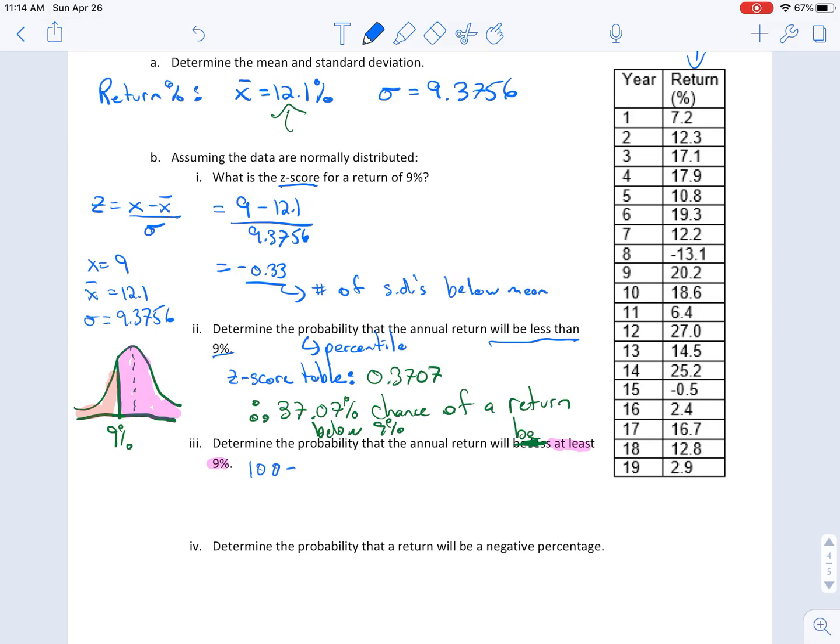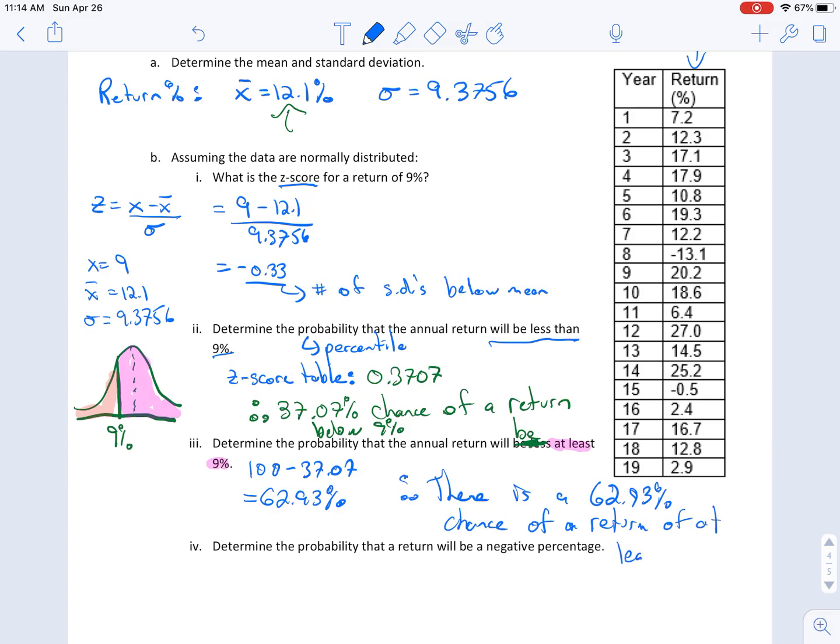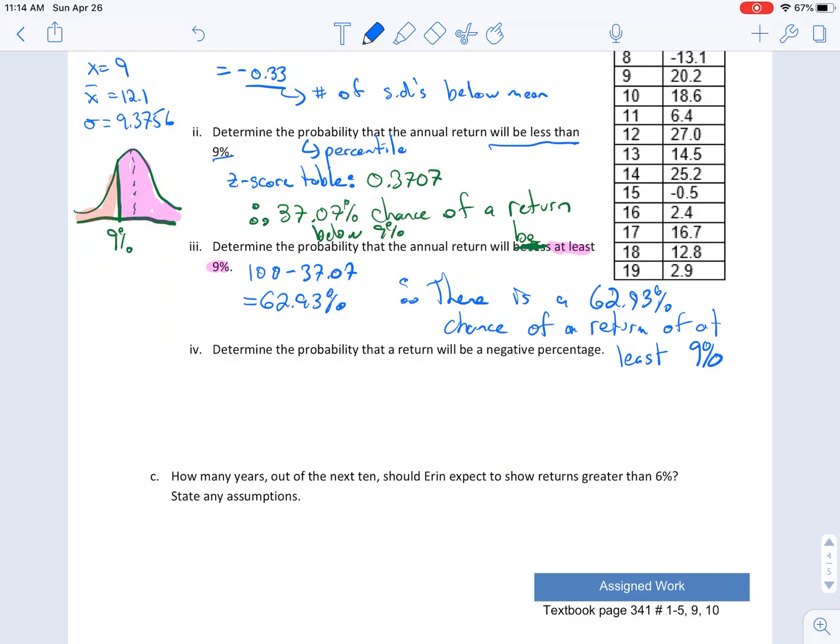We've already figured out there's this 37.07% chance of return below, so all I have to do is take 100 minus that, and that's going to give me the percent chance above that. So therefore, there is a 62.93% chance of a return of at least 9%.